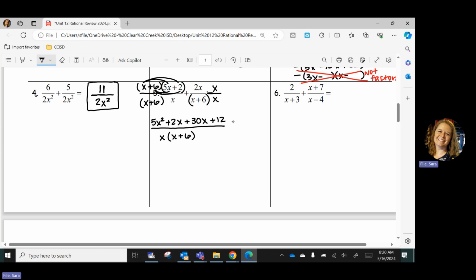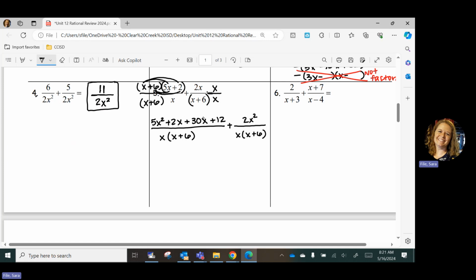Okay, now this is being added to the same denominator. And to simplify in the numerator up here, it's just a monomial times a monomial. So 2x times x is 2x squared. All right, so I'm going to go ahead and know that I'm combining my numerators. I'm adding those together. So I'm just going to combine like terms up here.